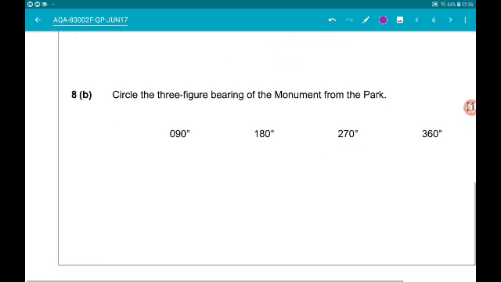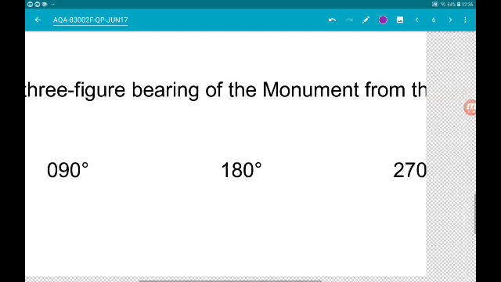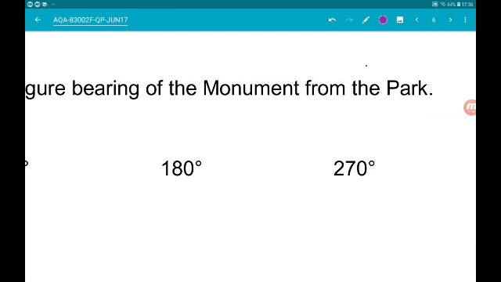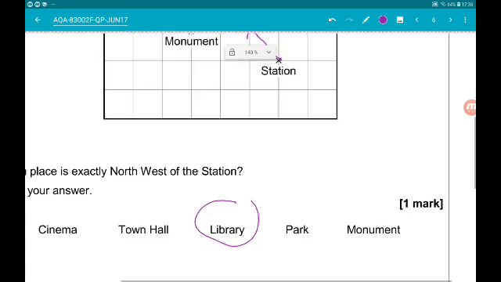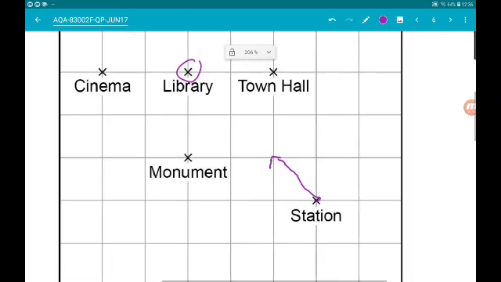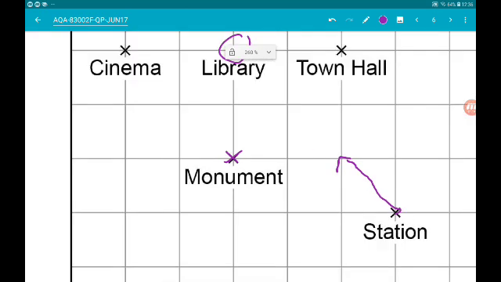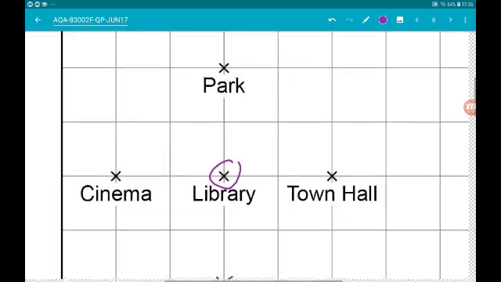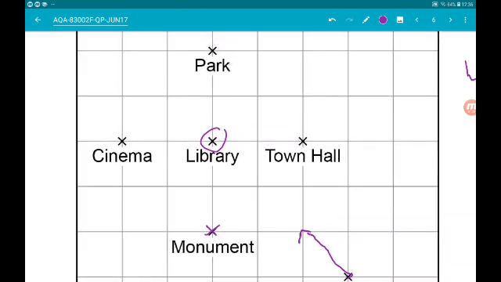Part B wants us to circle the 3-figure bearing of the monument from the park. So the monument is here. The park is somewhere directly above.